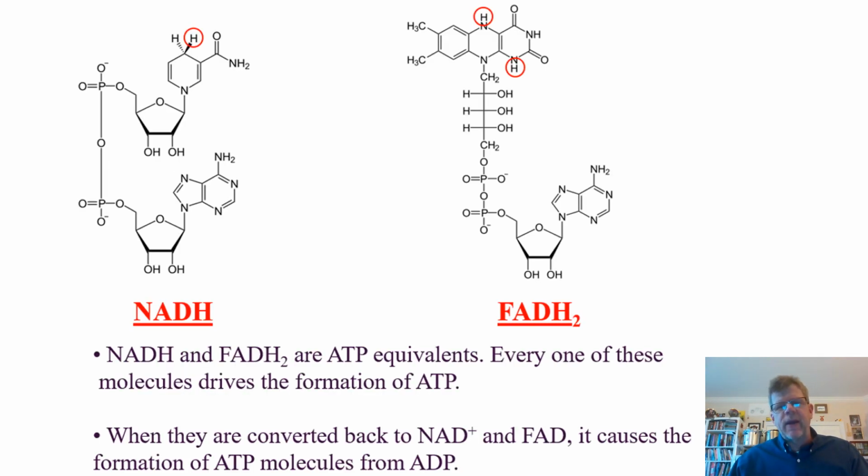So let's summarize. When NAD picks up a hydride and becomes NADH, and when FAD does the same to become FADH2, we call these laden, if you will, with the hydrides, which carry these very energetic electrons, which will drive the ATP production.